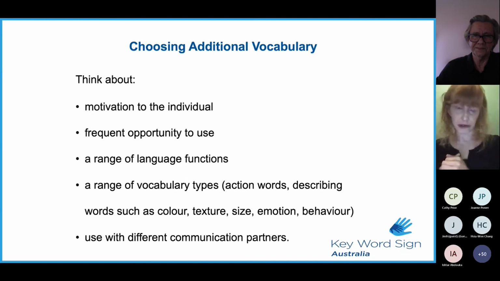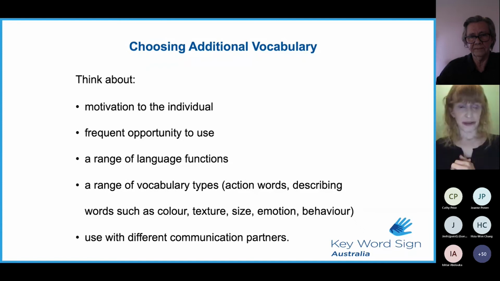I just put emotion and behaviour there for things like, oh, that dog is naughty, or that monkey is cheeky, and things like that. Essentially, we want to be thinking about not just offering nouns or names for things, which don't really give a lot of opportunity for interactive communication if the child starts using those words, or those signs rather.